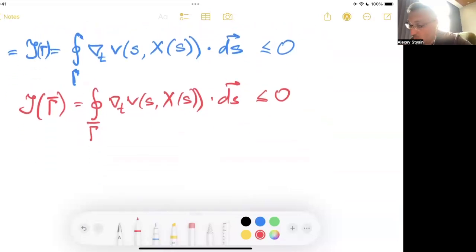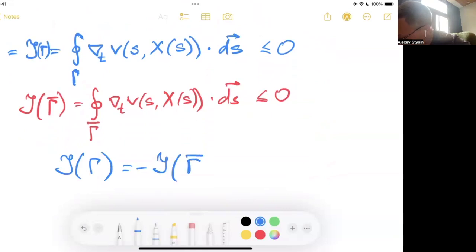But also we know that by reversing the direction of the integration, we have the condition that j of gamma is equal to minus j of gamma bar. So integrating in the other direction.